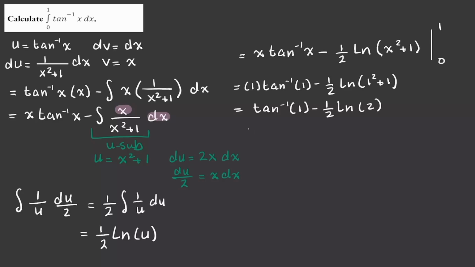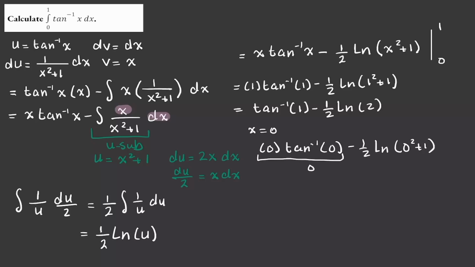When I input x equals 0, notice I will have 0 times tan inverse of 0 minus 1/2 ln of 0 squared plus 1. Since this function is being multiplied by 0, I would obtain 0. Here, I would have 0 plus 1, which is 1. ln of 1 is 0, so it's 0. So since the outcome here is 0, I really don't need to care about the 0 on the bottom. Now here, my final answer is going to be tan inverse of 1 minus 1/2 ln of 2.